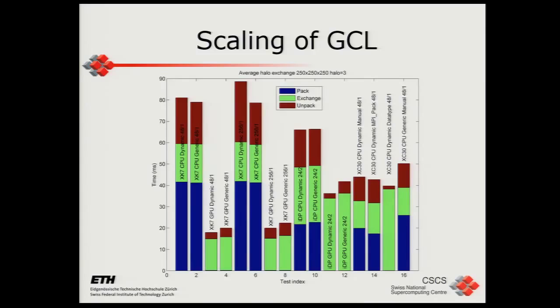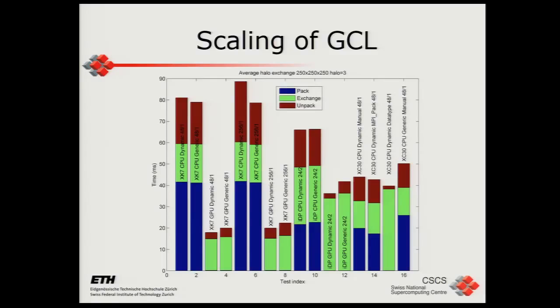So let's see the scalability of this GCL. If we take a 250 by 250 by 250 3D array with 3 elements of halo all around, and all the dimensions are wrapped around, so it's like a torus communication.